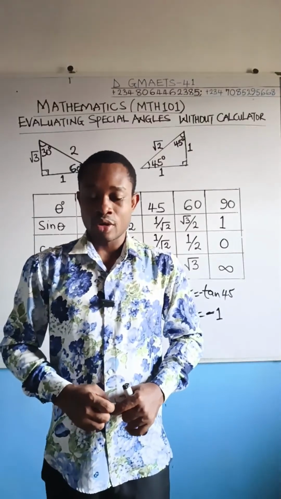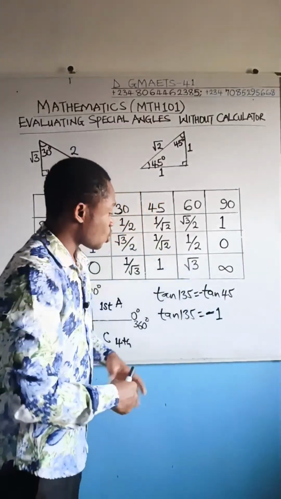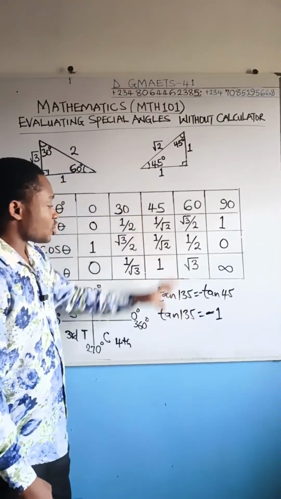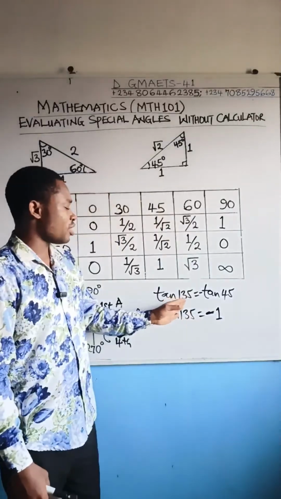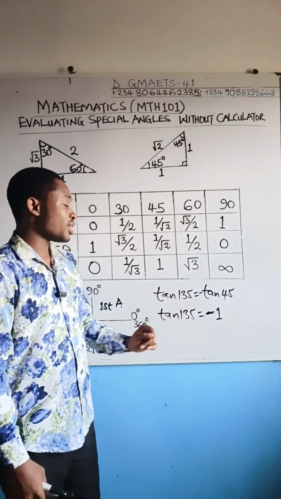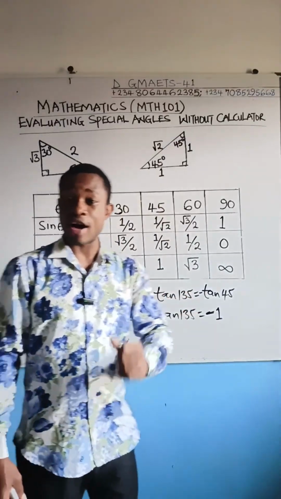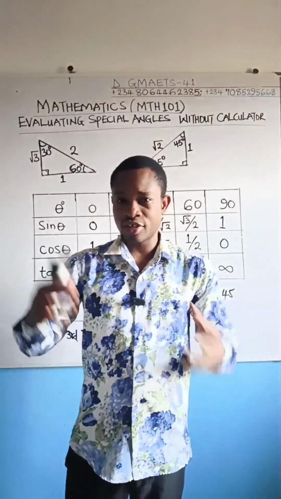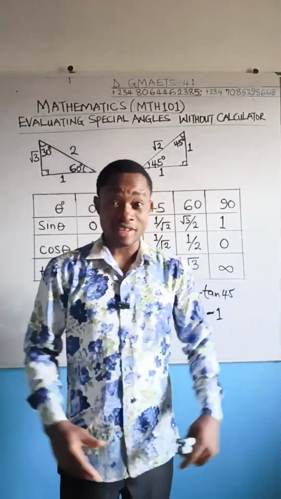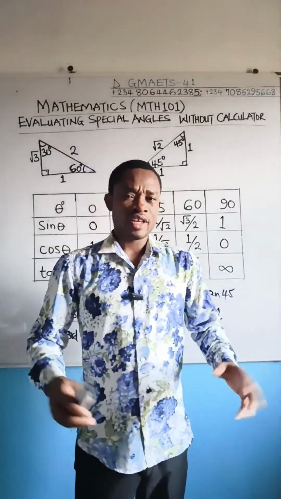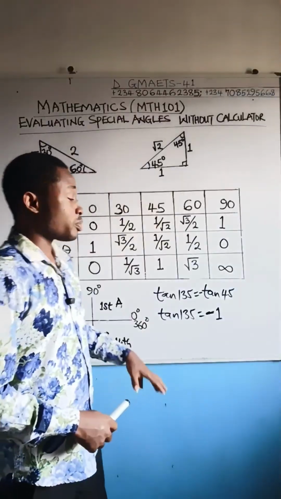All right. So in our previous class, when we treated this concept, we stopped at evaluating tan 135, which we said is equivalent to minus tan 45. But unfortunately, everywhere went dark. So quickly, let us finish up with the remaining special angles.